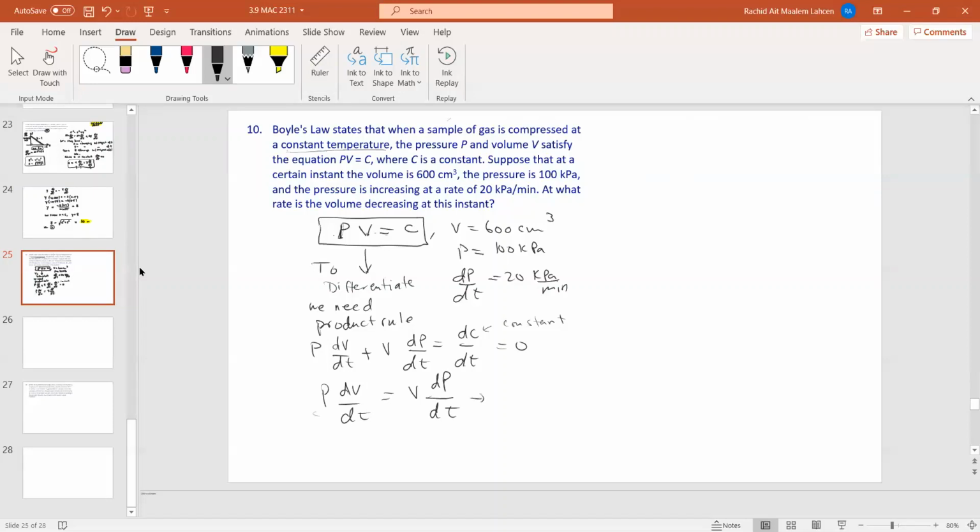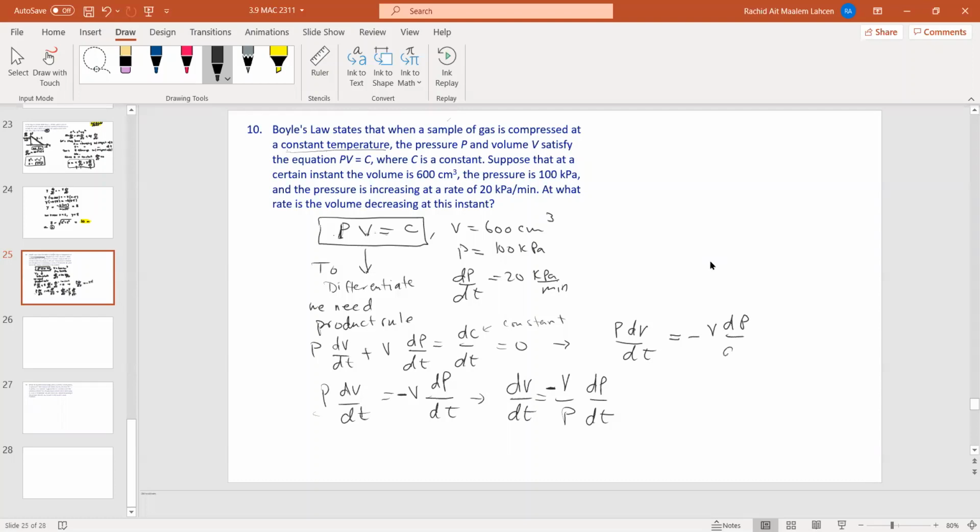We'll divide by P. And so the pressure is all right, we're missing a negative there, because here, P dV/dt, you subtract both sides, right?